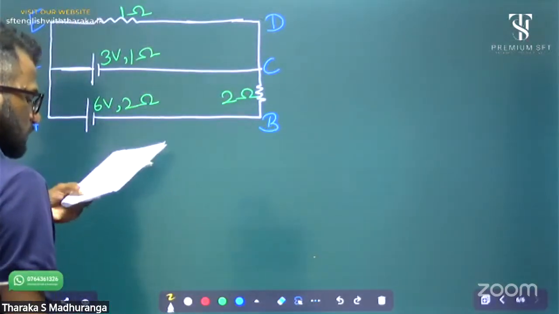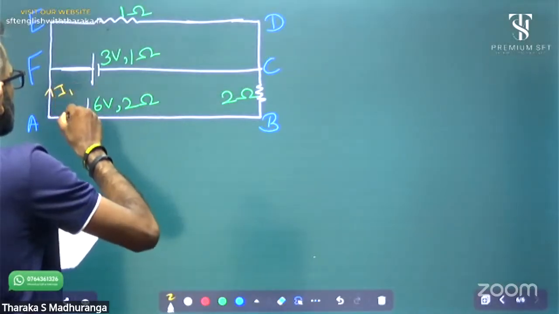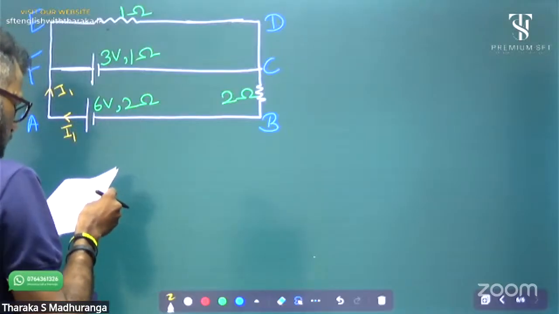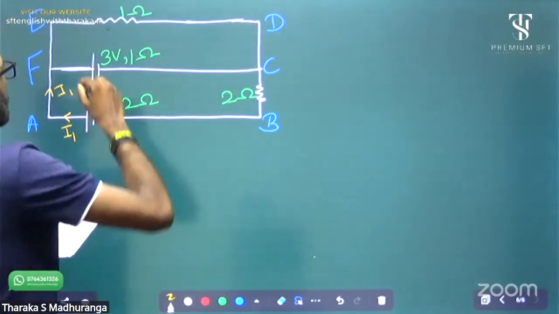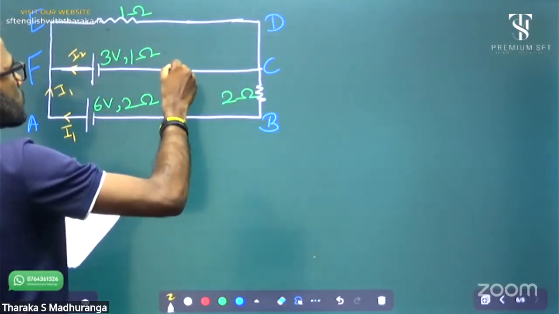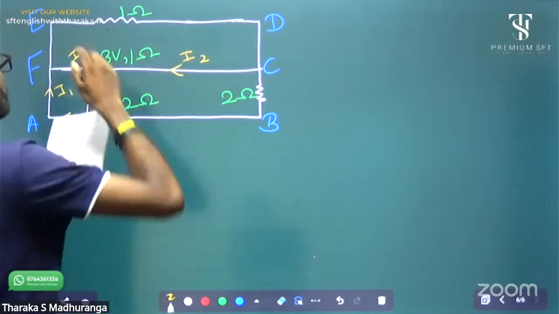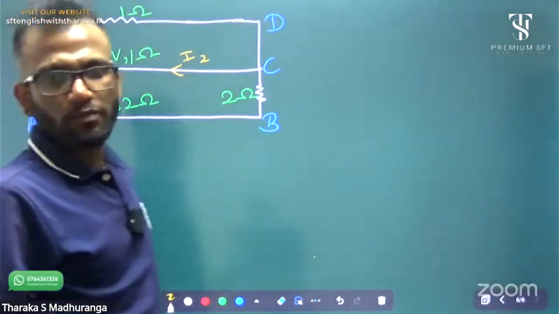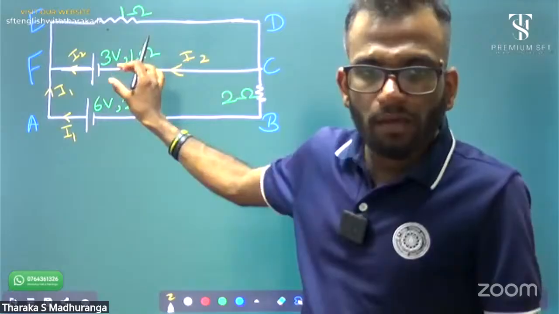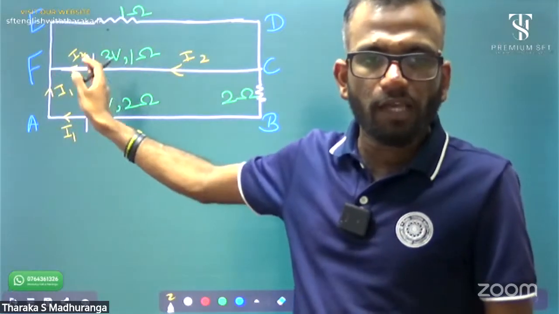This is I1, same method. And I2 is coming from this section. Then this one is I1 plus I2, which is okay according to Kirchhoff's first law. Two currents, I1 and I2, are incoming.